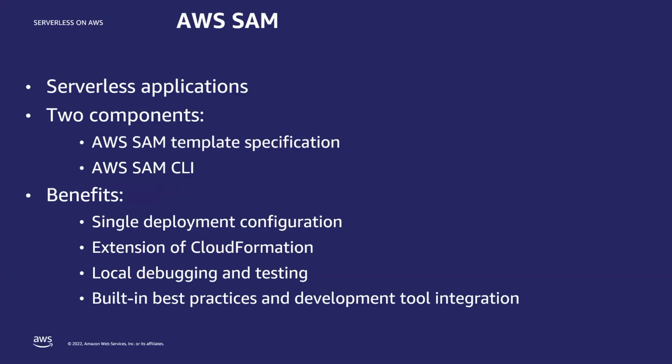And then, yeah, it'll give you single deployment configurations. It extends CloudFormation. You can deploy the CLI locally on your machine and do local debugging and testing before you deploy to the cloud. And then a lot of built-in best practices. And you can also contribute to this on GitHub. So SAM kind of just helps tie all these components together.